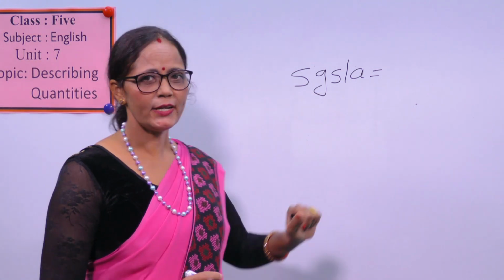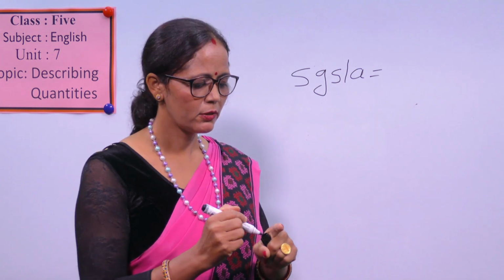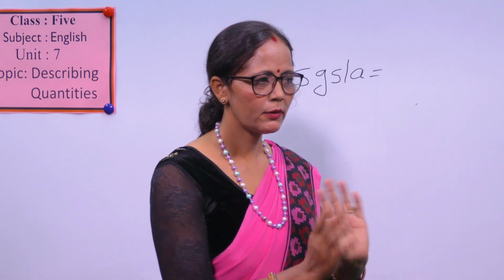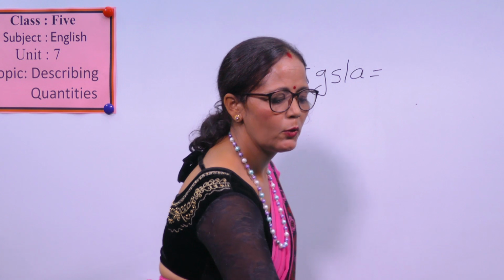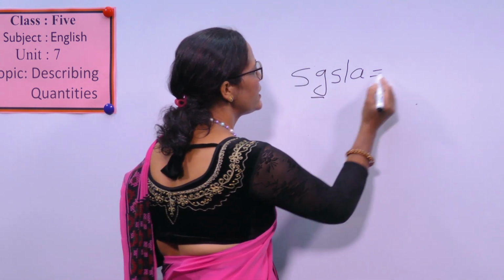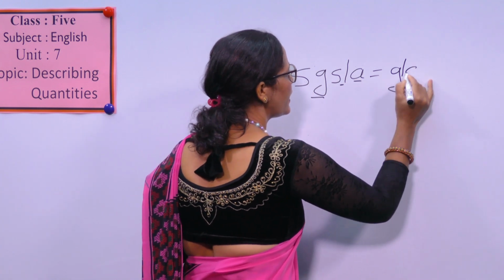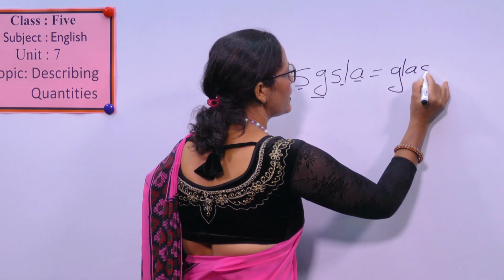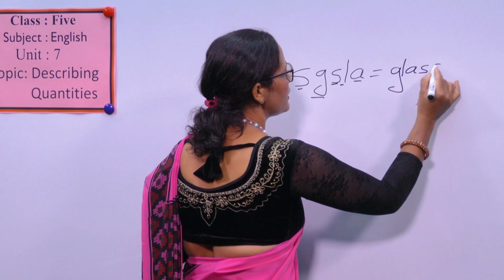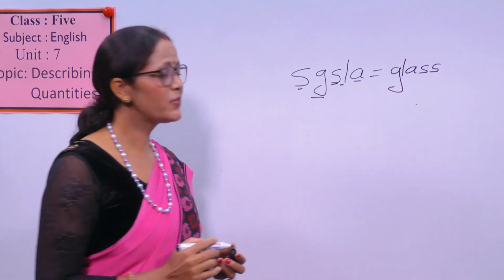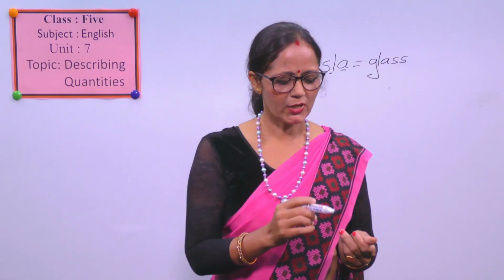How do you make it correct? You have to put the letters in different positions. We can say G is here, L is here, A is here, S is here, and S. It becomes glass. Do it in the similar way.